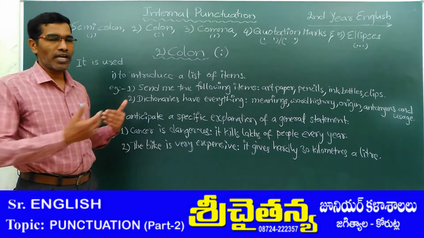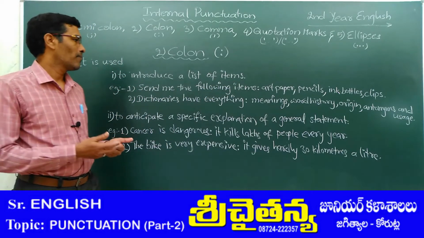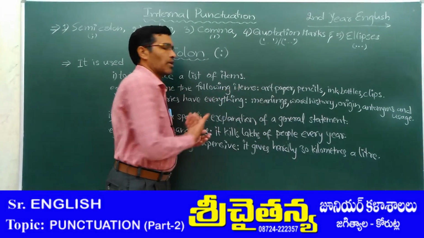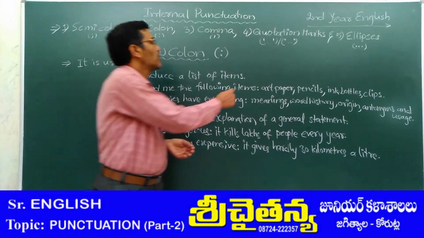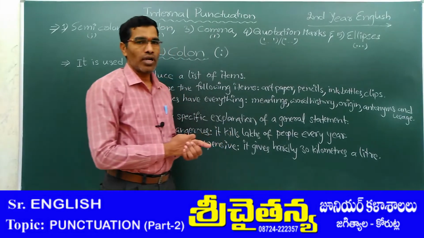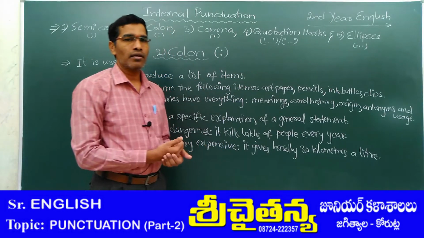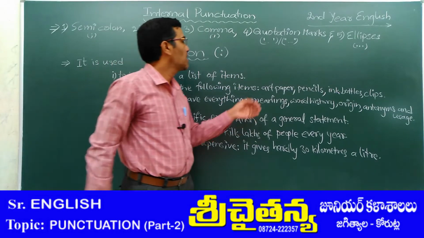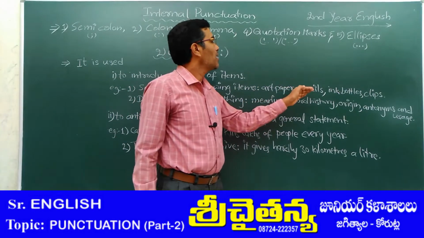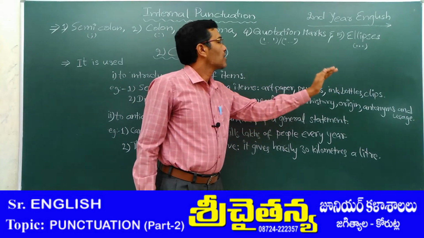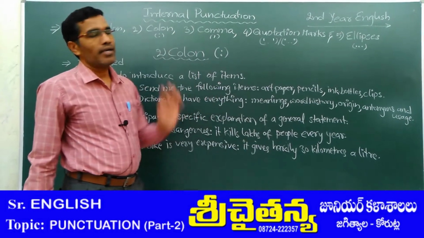Following items means it is a list. To refer to the list, we use a colon. After that, we can refer to the list. That is art paper, pencils, ink bottles, and clips.